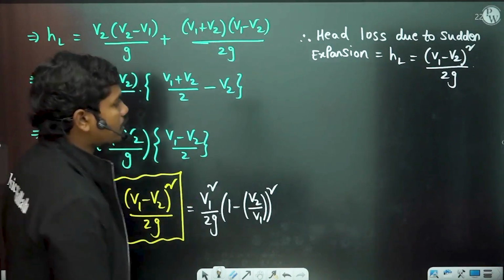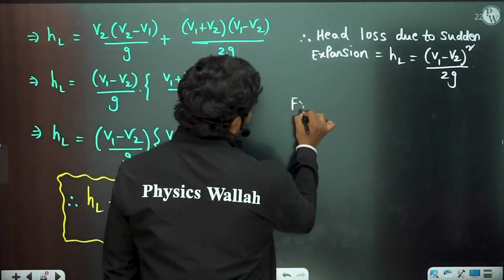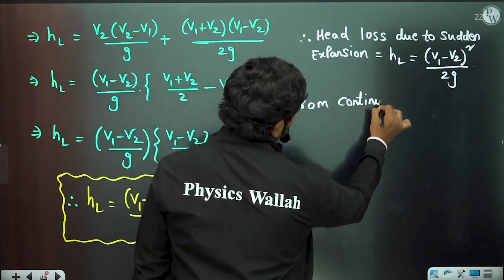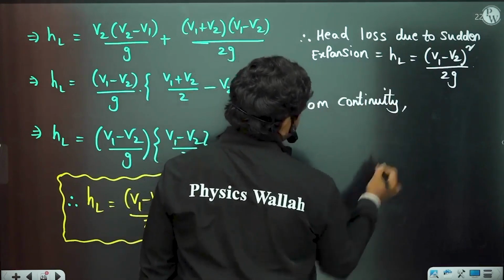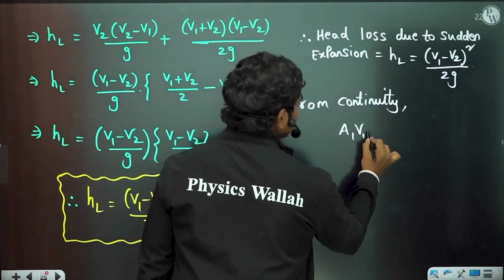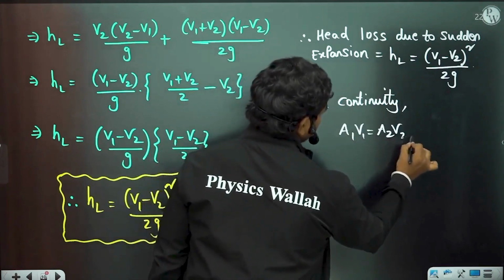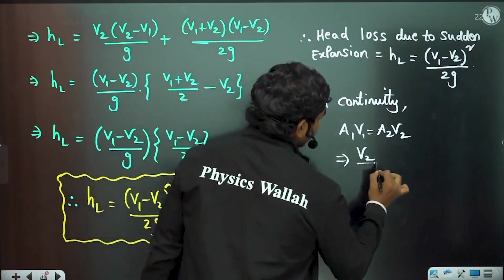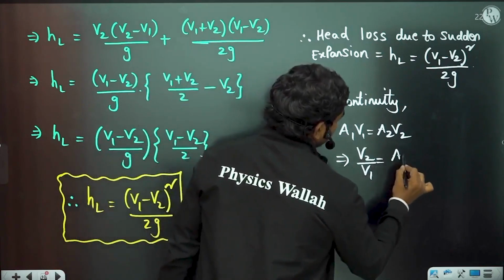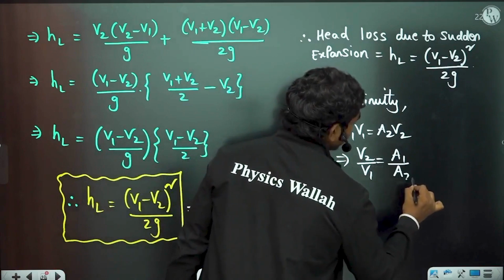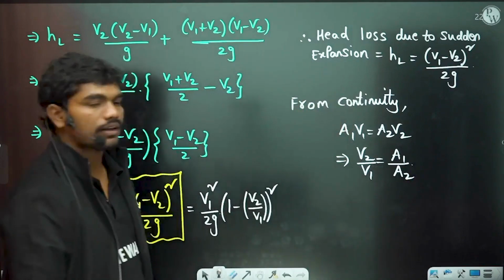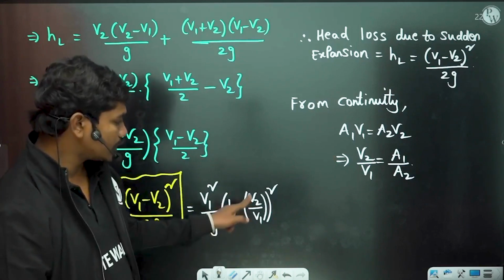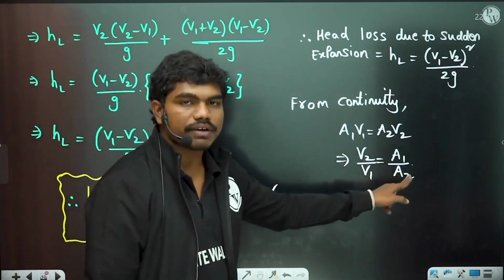Now from the continuity equation, because I want to show one result to you, A1 V1 is equal to A2 V2. So this implies V2 by V1 is equal to A1 by A2, which is nothing but the area ratio. So instead of V2 by V1, you can replace it with A1 by A2.